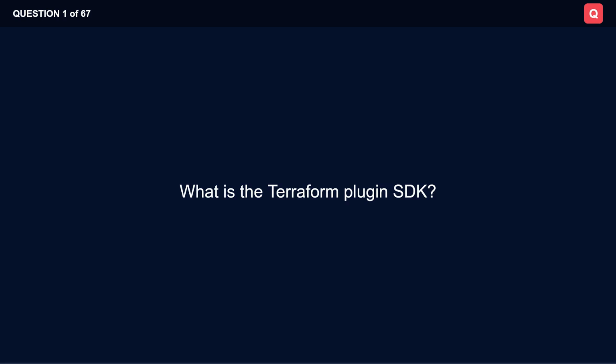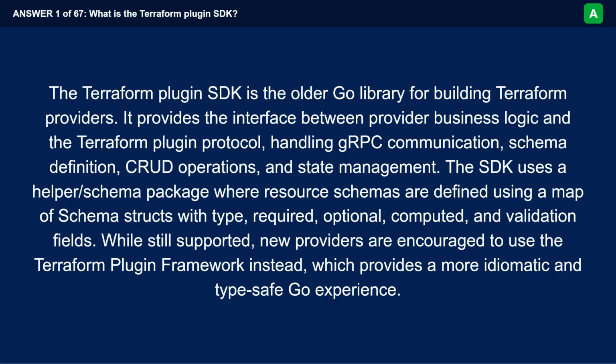What is the Terraform plugin SDK? The Terraform plugin SDK is the older Go library for building Terraform providers. It provides the interface between provider business logic and the Terraform plugin protocol, handling gRPC communication, schema definition, CRUD operations, and state management.